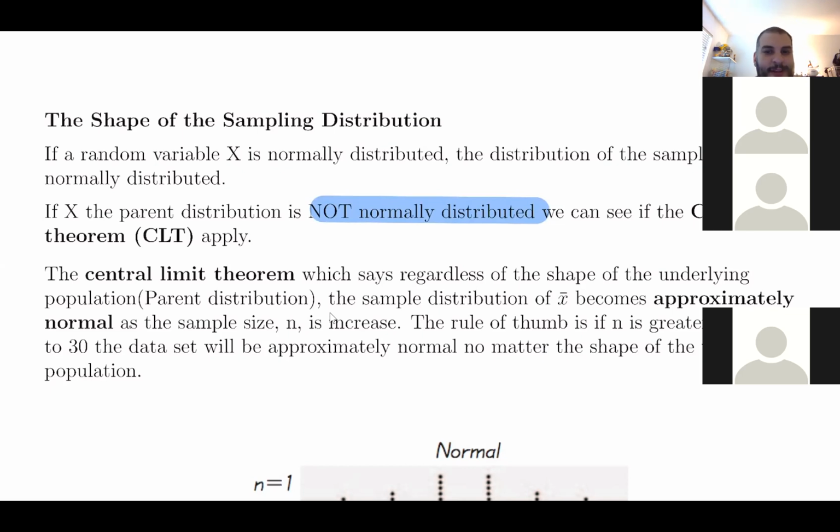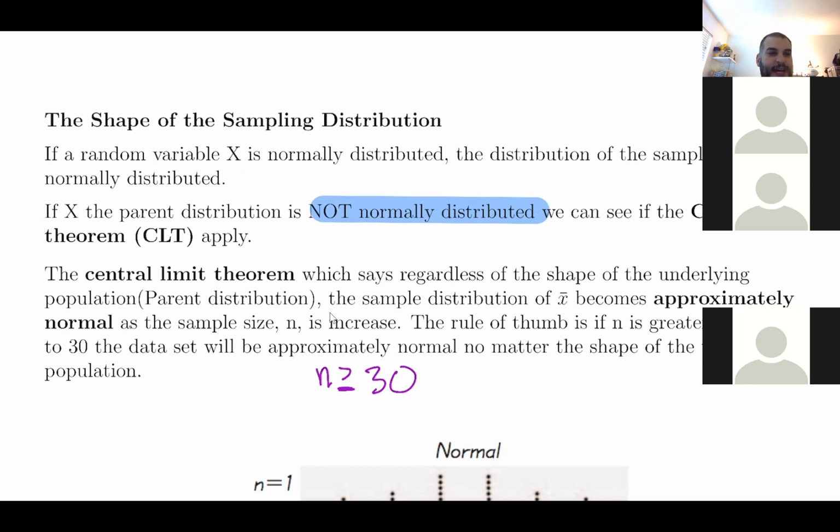So we're going to look at a couple of pictures to demonstrate that. But the one thing you do have to know for the central limit theorem, in order for us to say something is approximately normally distributed, is that our sample size has to be greater than or equal to 30.